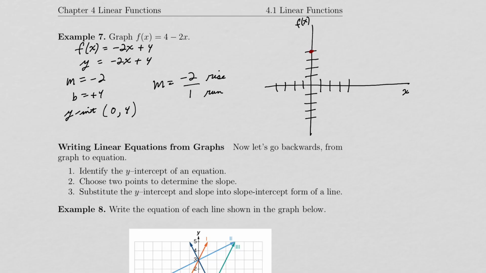And then if the slope is negative 2, that means the rise is negative 2, so I move down 2, and then the run is positive 1, so down 2 over 1, that should be the next point. Down 2 over 1, a point here that lies on the line. Down 2 over 1, a point lies here. And then if I draw a smooth line through those, that'll be the graph. So something like that. Okay.